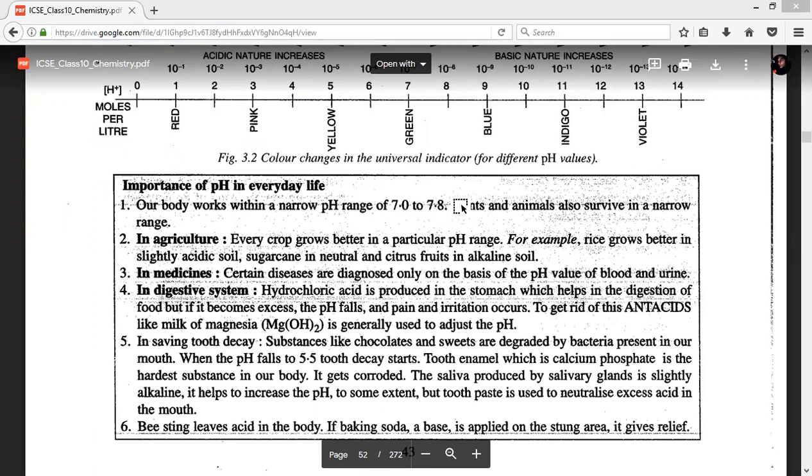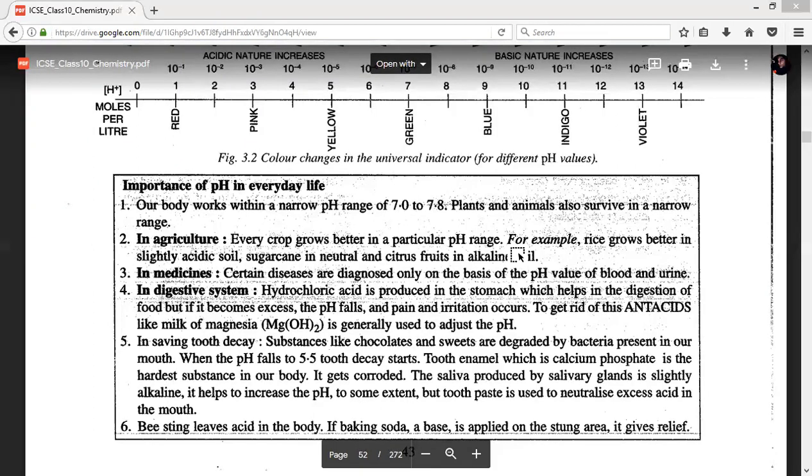Plants and animals also have to survive, but they live in a narrow pH range. In agriculture, in crop production, every crop has a different pH, and we have to maintain different pH in the soil.